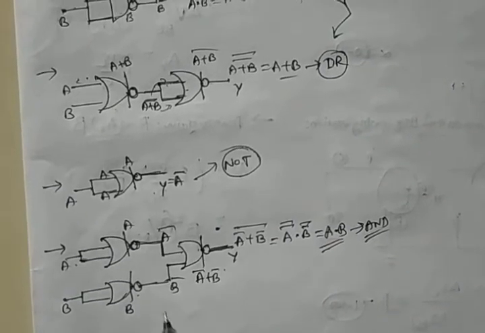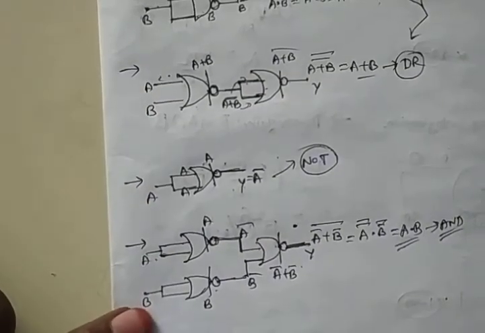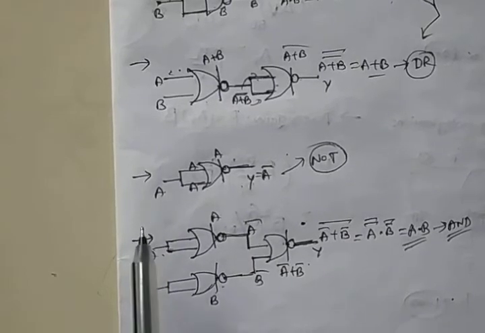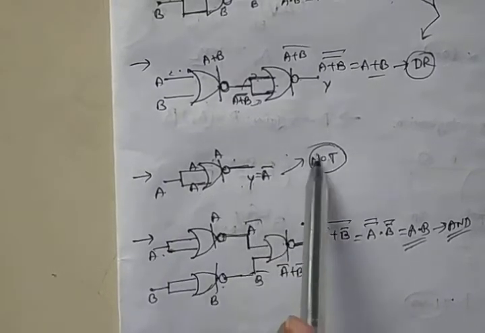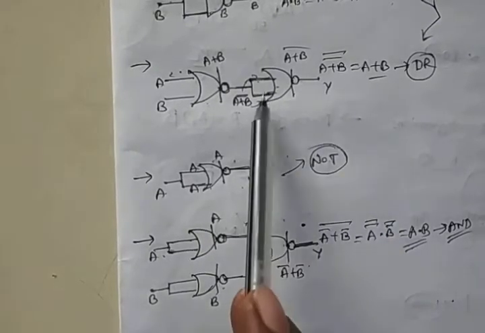So all these gates, these three gates, this one and this one are NOR gates. To construct in the skill they will ask a question: for the construction of NOT gate how many NOR gates are required? 1. For the construction of OR gate how many NOR gates are required? 2. For the construction of AND gate how many NOR gates are required? 3.